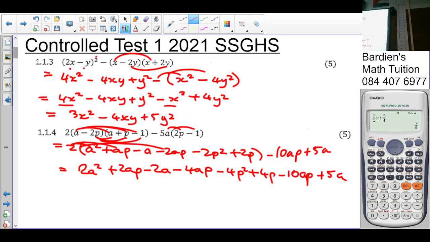So again, like terms, people. That is on its own, so it's 2a squared. 2ap minus 4ap is negative 2ap. Minus 10ap is negative 12ap. Negative 2a and 5a is going to be plus 3a. Minus 4p squared plus 4p.